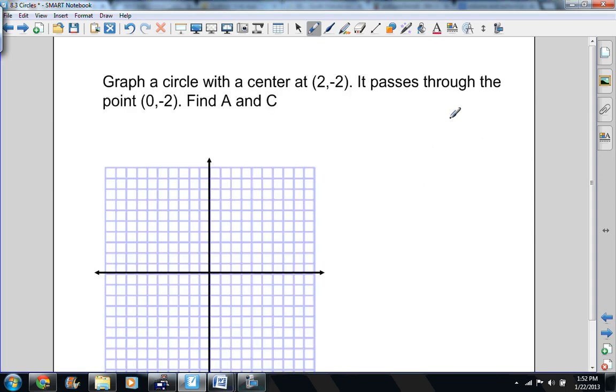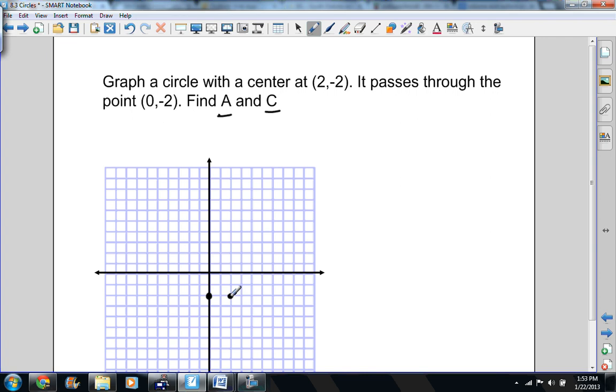Okay? One more. If we're on a graph here, and it wants us to graph a circle with the center at 2, -2. Well, 2 is here, -2. That's our point right there. And it passes through the point 0, -2. So here's 0, here's -2. And it wants us to find the area and the circumference.